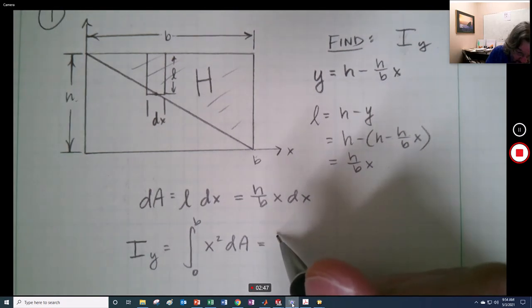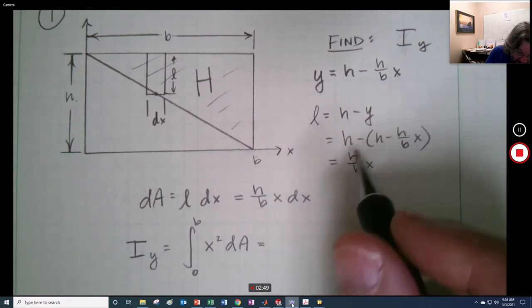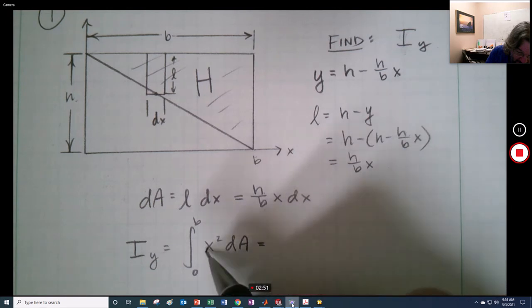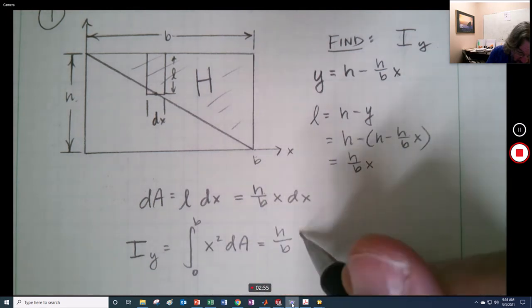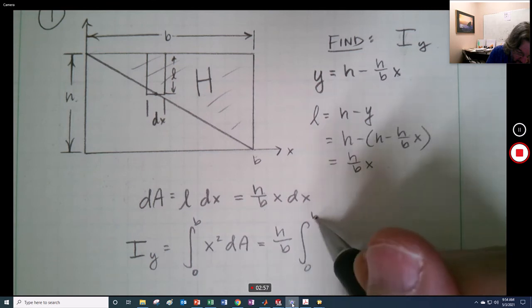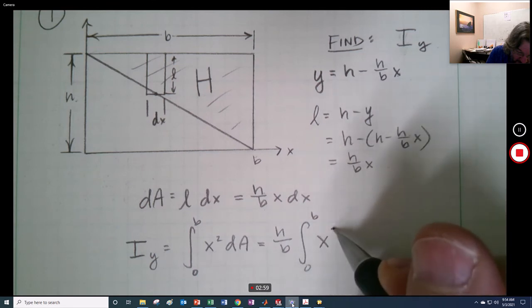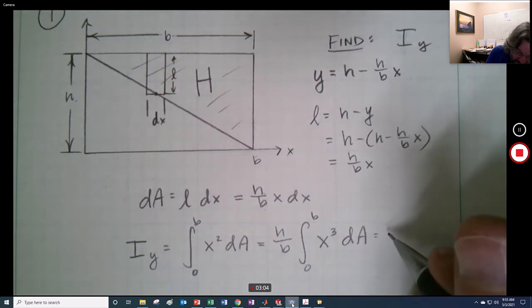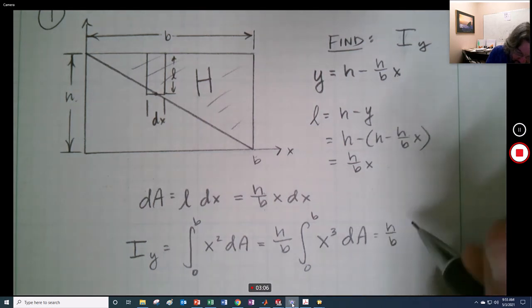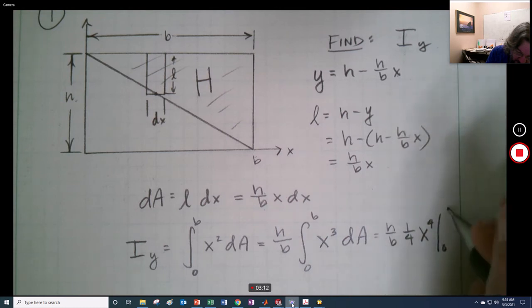So we end up going, h over b is a constant, integral from 0 to b of x cubed dx, and we get h over b times 1 over 4 x to the fourth, from 0 to b.